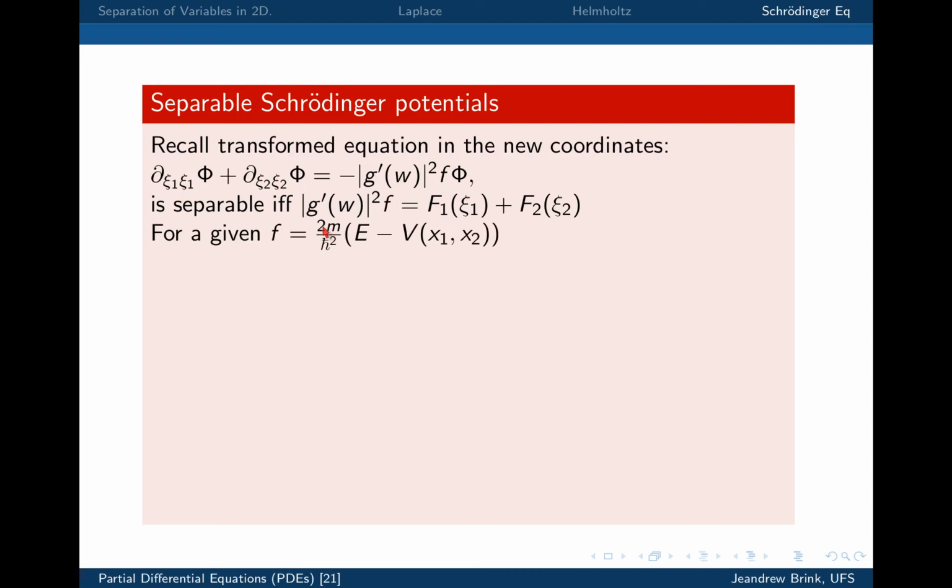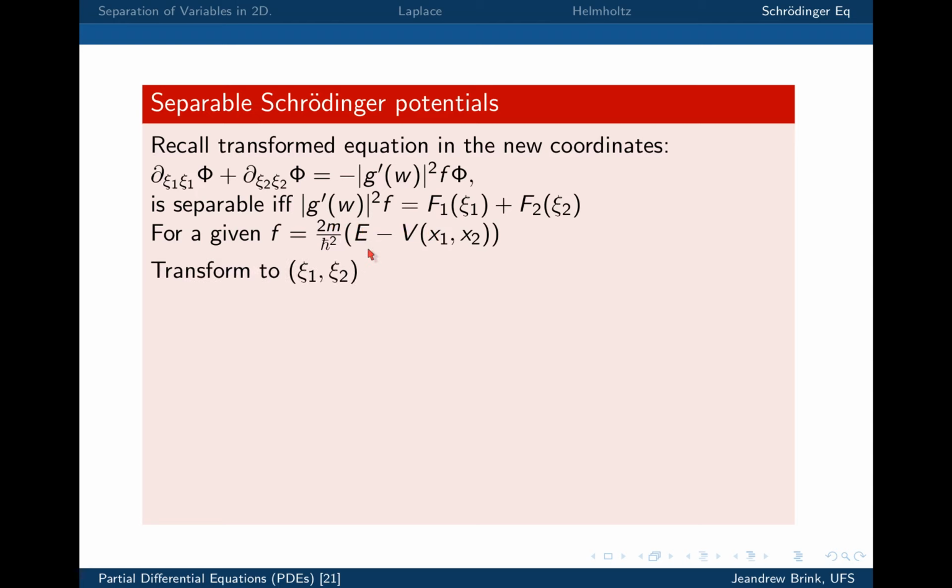Now, if f, which we don't know, has this form for every x1 and x2, we know it's necessary for this e term. In other words, if you want the thing to be separable in general, this term must be separable and this other term must be separable. So it's necessary at least to have a coordinate system in which Helmholtz's equations are separable.